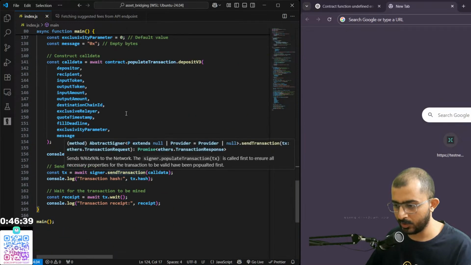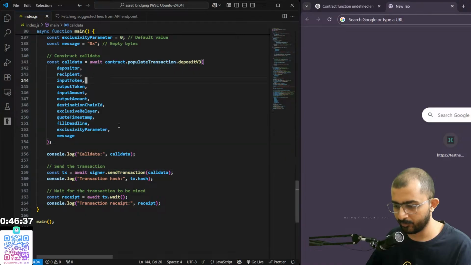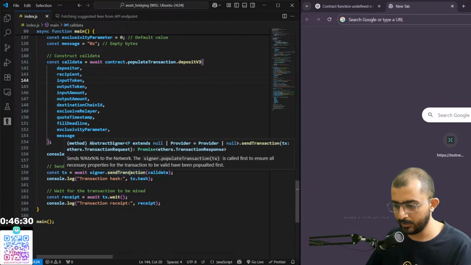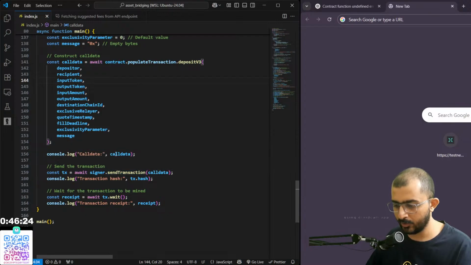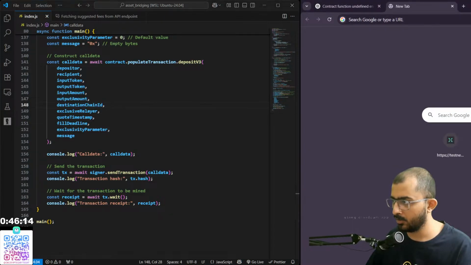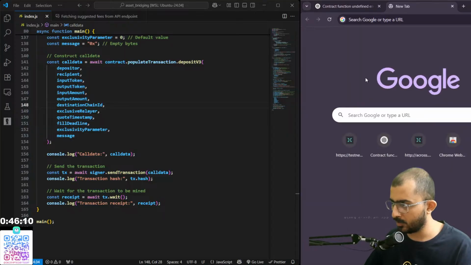I don't understand. Also, we need to send ETH with this. Like input token, we have added it there, but we didn't actually. Anyway, let me fix this.